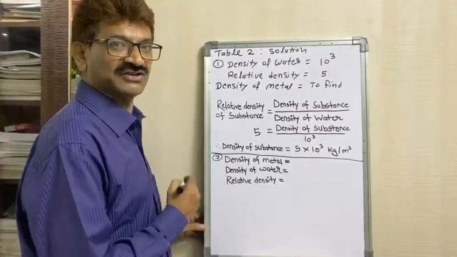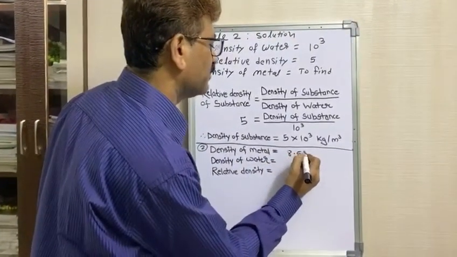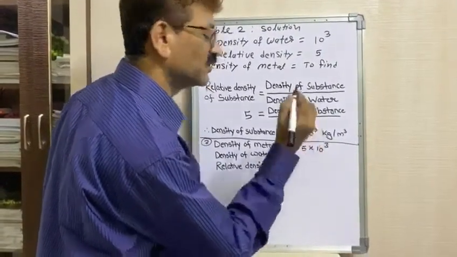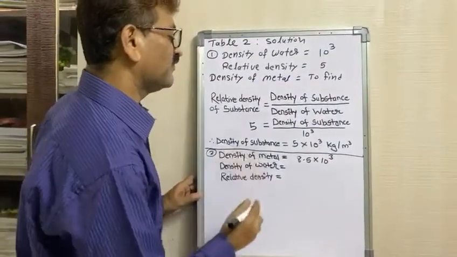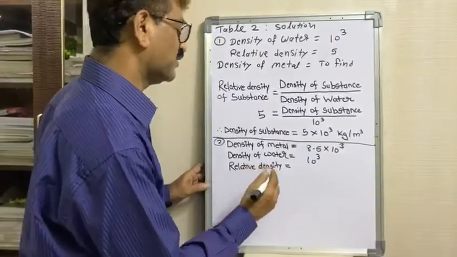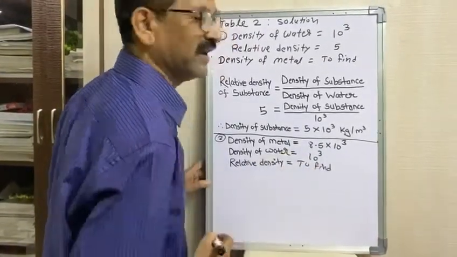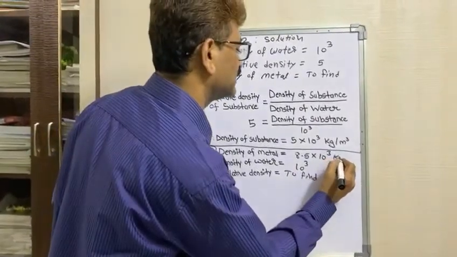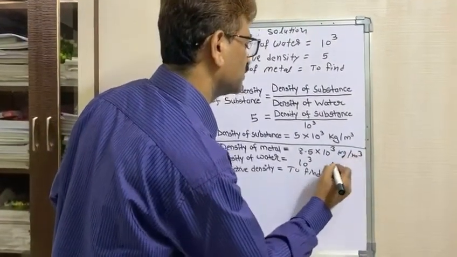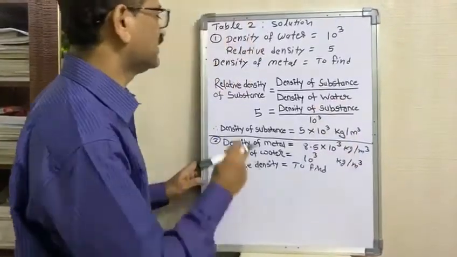Now second question: density of metal is given, that is 8.5 into 10 cube. Density of water is given, that is 10 cube. What we have to find? Relative density. The unit is kg per meter cube, here also kg per meter cube. Now what is the formula?